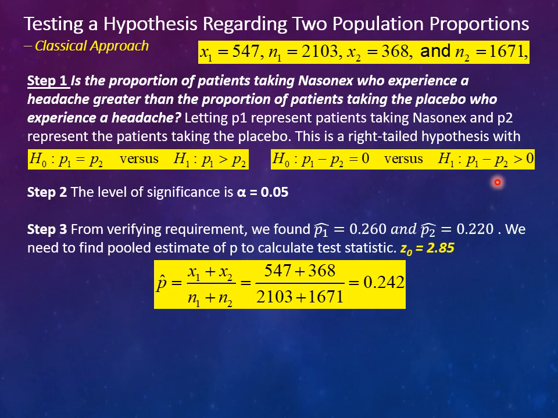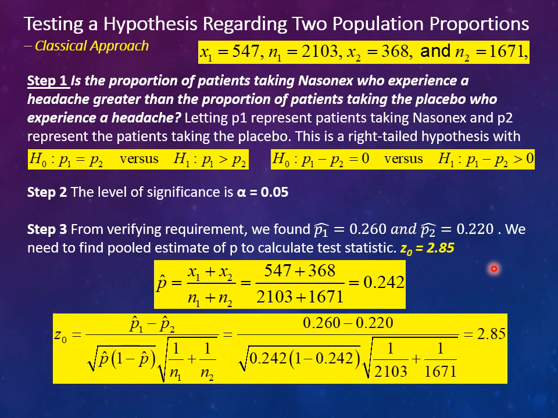In the last exercise that we did, we found p1 hat and p2 hat, and so we used those to find the pooled estimate of p, which is the formula here below, x1 plus x2 over n1 plus n2. Those are the givens from the original problem setup. And we calculate the pooled estimate, which is p hat without a subscript, equaling 0.242.